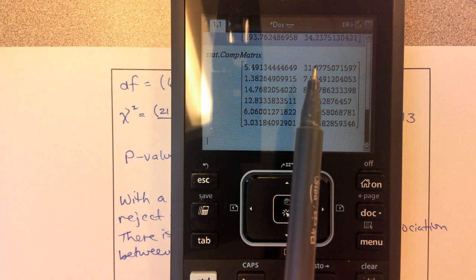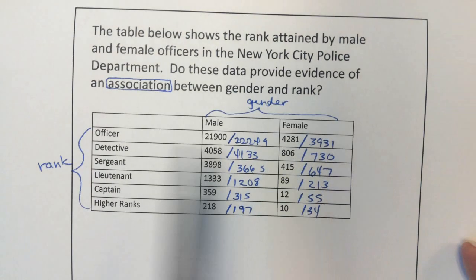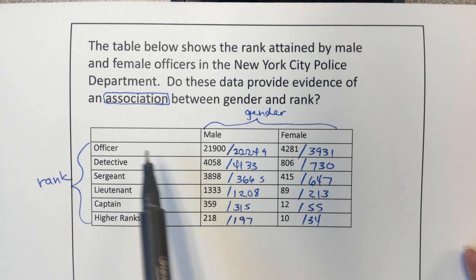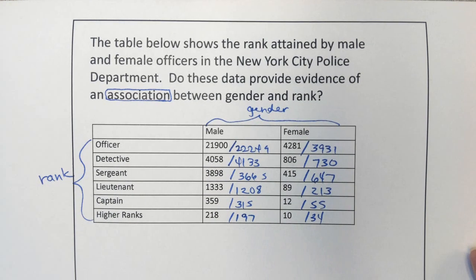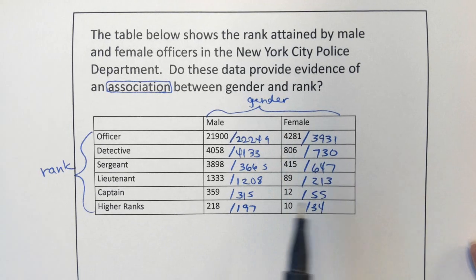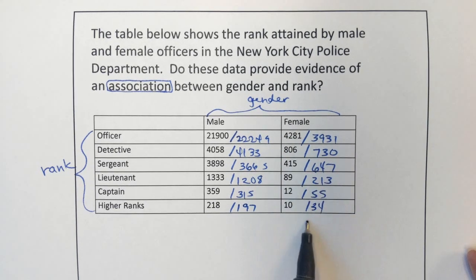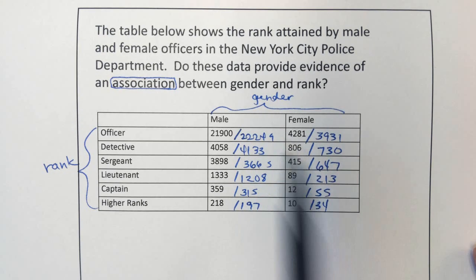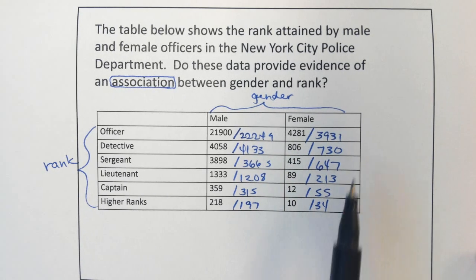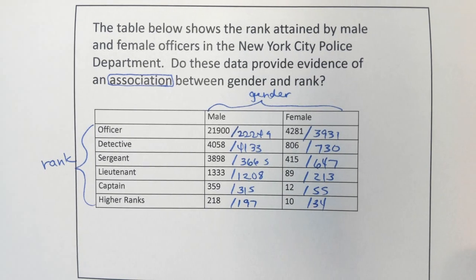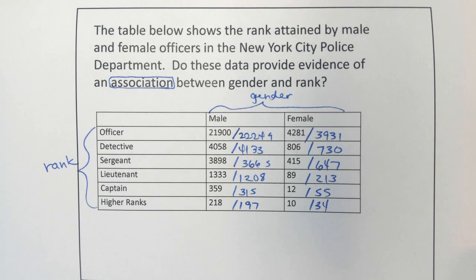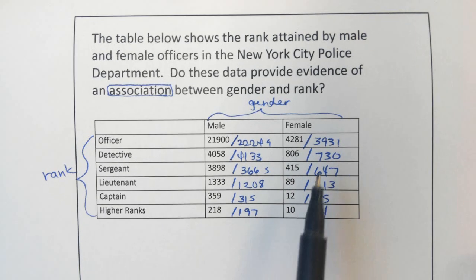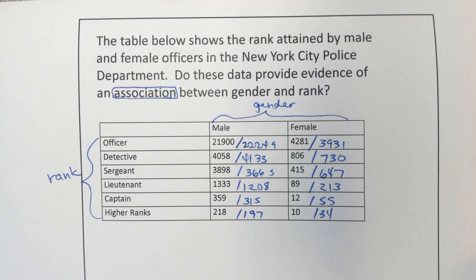But for females, you have more than you should in the officers. You have less than you should in these higher ranks. So you'll notice as we go up the ranks, your expected numbers are larger than your observed numbers, and in the lower ranks your expected numbers are lower than your observed. So the higher ranks are less likely to be awarded to females. There's a disproportionate number of females in the higher ranks, disproportionately low, and disproportionately higher number in the lower ranks.